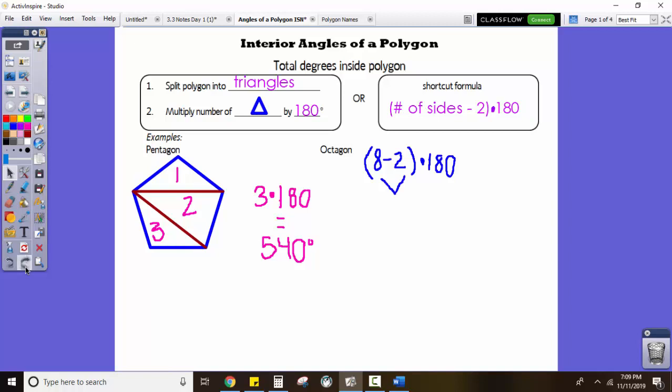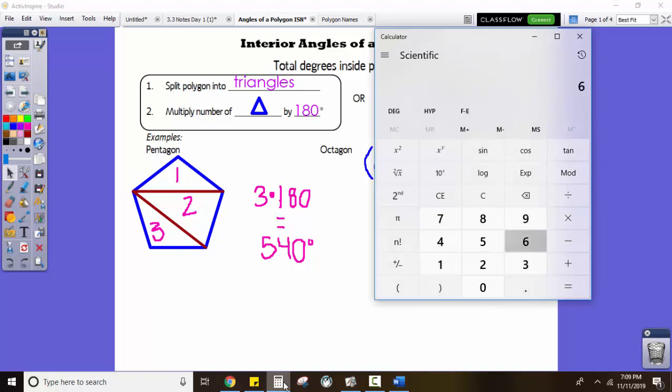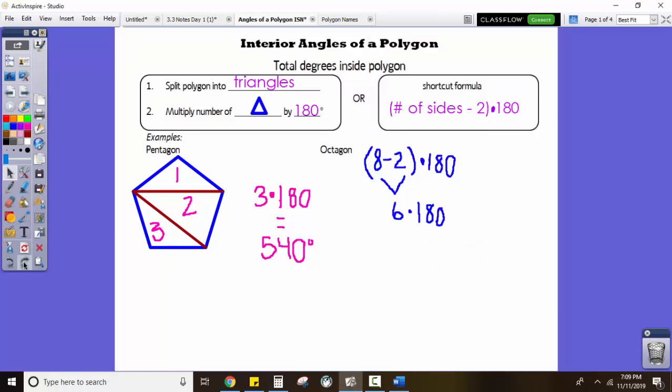That's a common mistake, which is 6. And then when I do 6 times 180, I see that equals 1,080 degrees. So in every octagon, there will always be 1,080 degrees. In this method, do not forget to subtract 2.